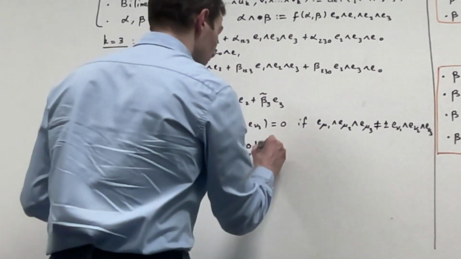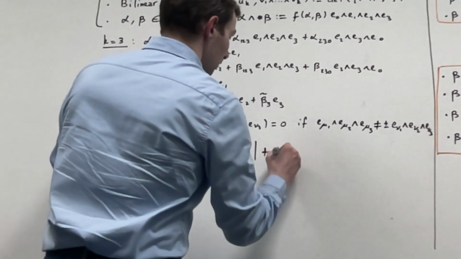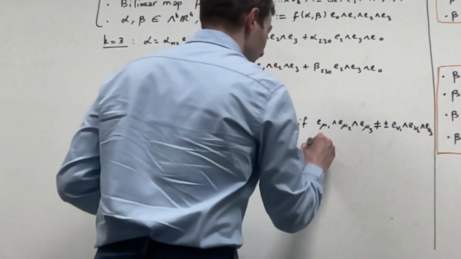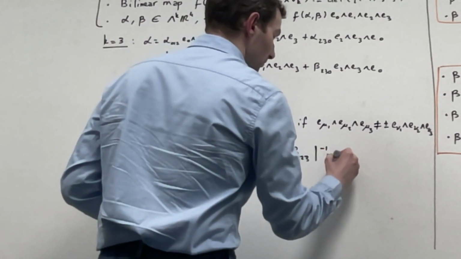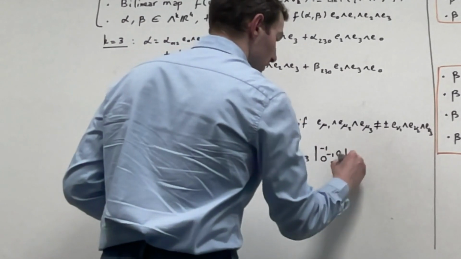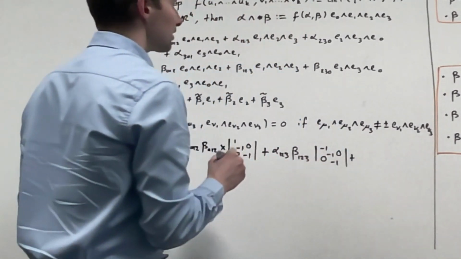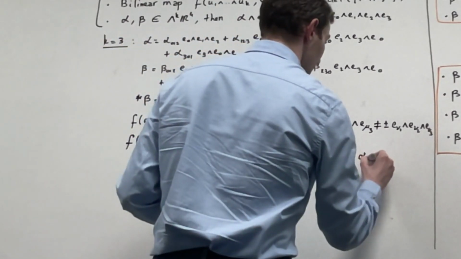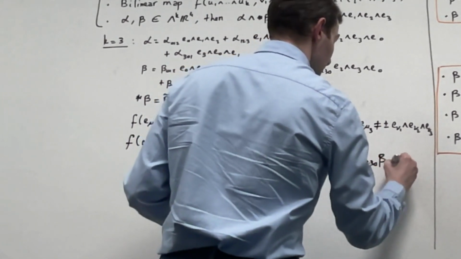And then I can continue doing the same thing here. So that's going to be alpha 1, 2, 3, beta 1, 2, 3. But then in that case, I've got -1, -1, -1, and then zeros here. And then I've got plus alpha 2, 3, 0, beta 2, 3, 0.